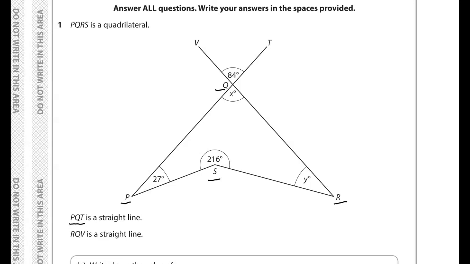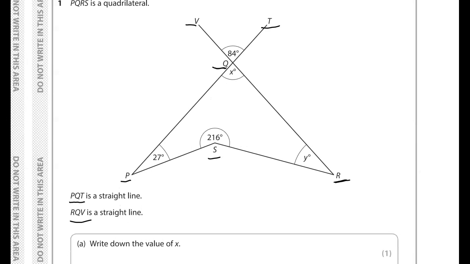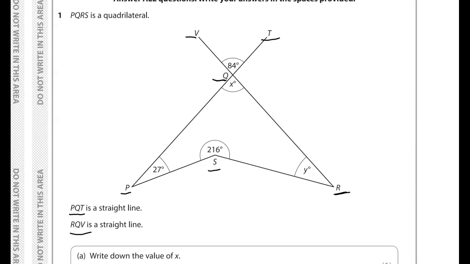So PQT, it is a straight line as you can see. And RQV is also a straight line. So RQV. Write down the value of x. So this is what we need to work out.